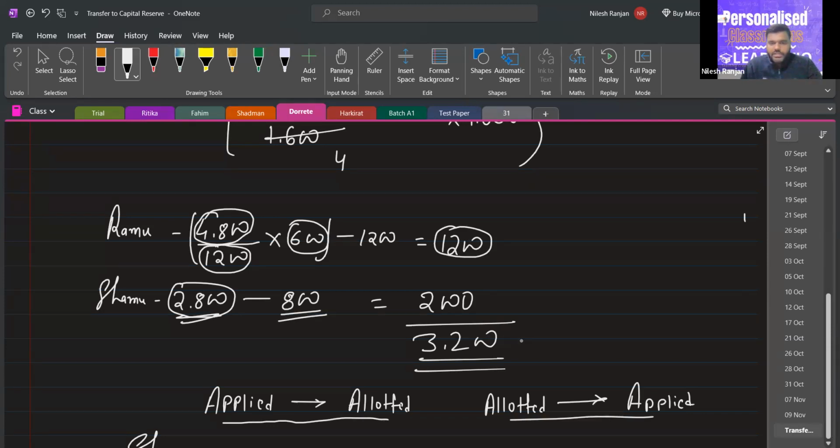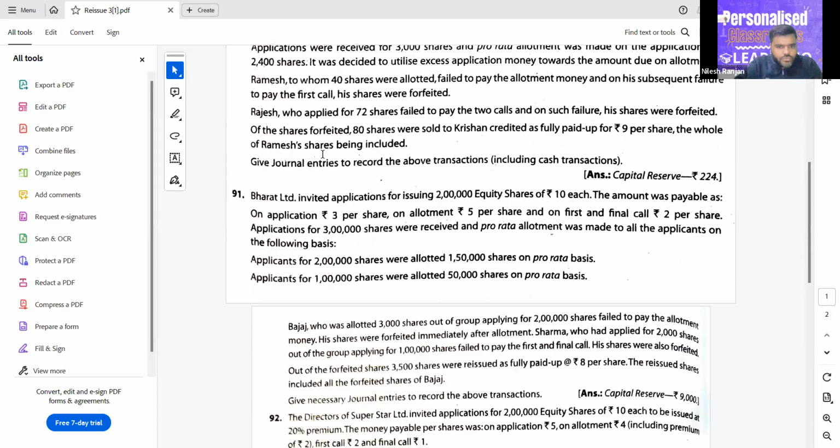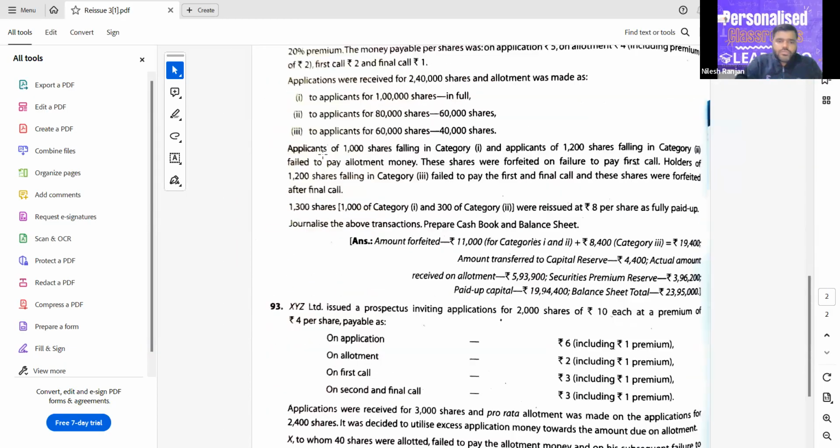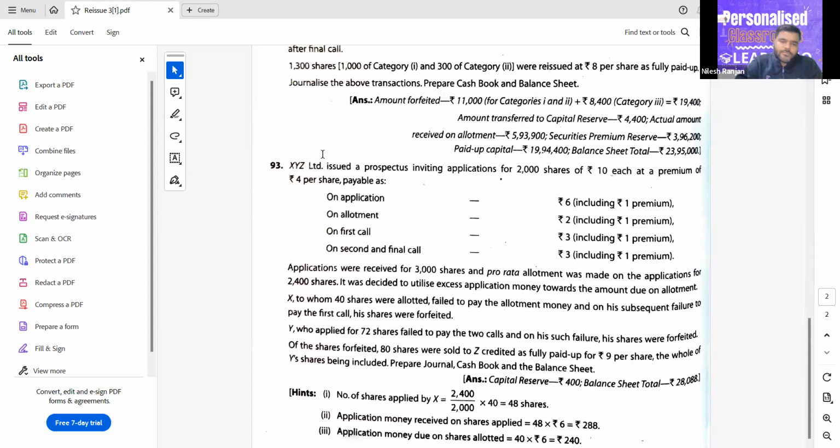Okay. So Ritika, is there any other question you have in this question or in any next question? No, sir. You have solved all the questions? Sir, I did 3 questions. There were 4, no, sir, there were 4 questions, total 5 questions.